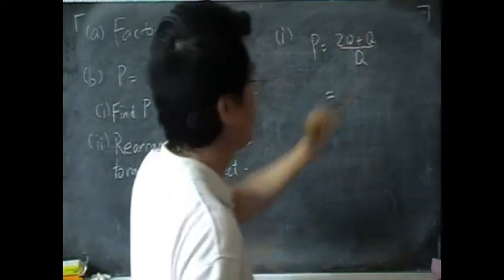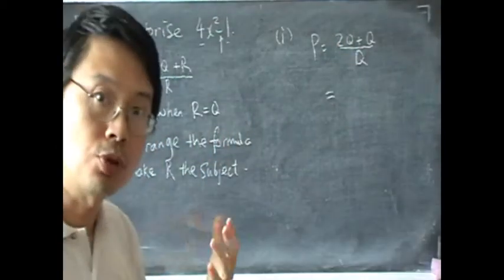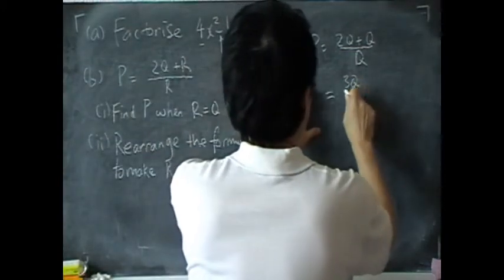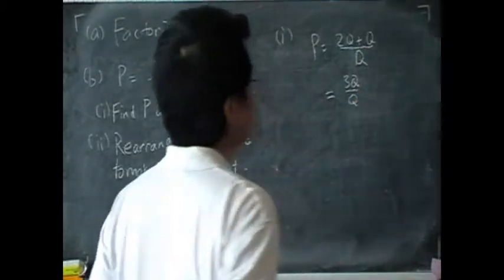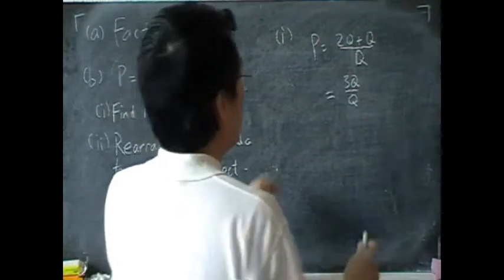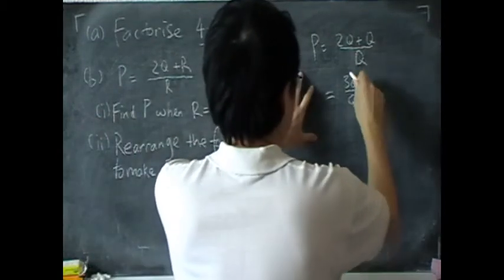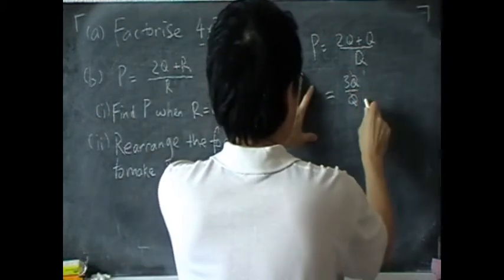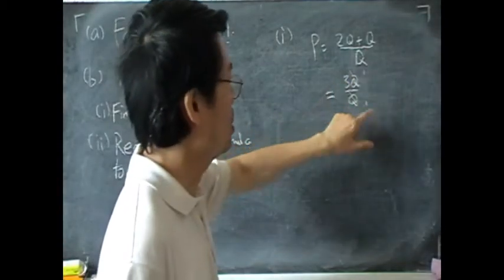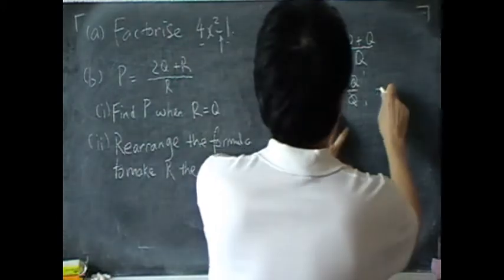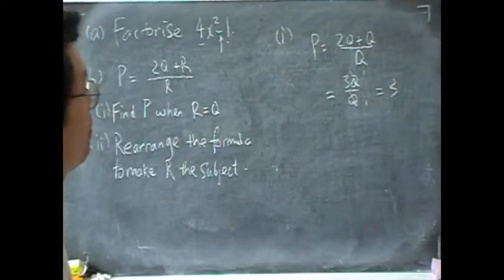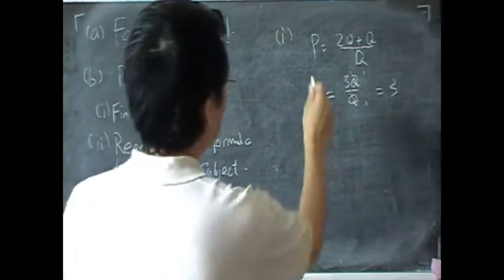We have 2Q plus Q. So it's 2Q plus 1Q, that gives 3Q's divided by Q. And 3 times Q divided by Q. We can divide the top and bottom by Q, so they cancel. Q divided by Q is 1, and I have 3 times 1 divided by 1, which is 3. And that is the answer to this part. P is equal to 3.